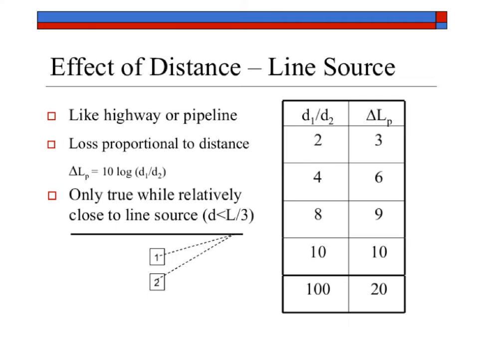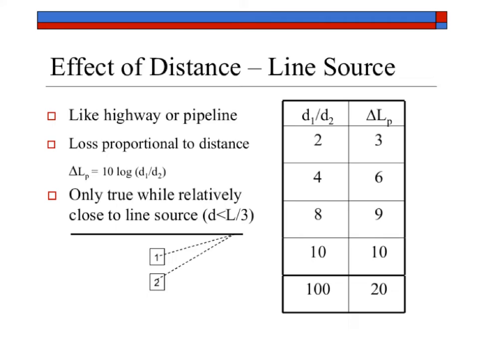So we can say the change in sound pressure level is 10 log of d1 over d2 instead of 20 log d1 over d2. And you can see this roughly from the sketch at the bottom where the line represents the noise source. If we go from position 1 to position 2, we approximately double the distance from the line directly in front of position 1 or position 2.